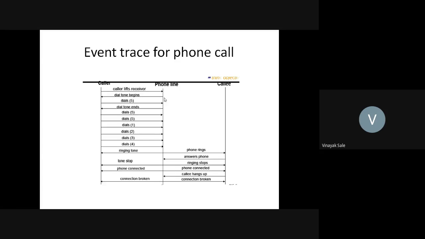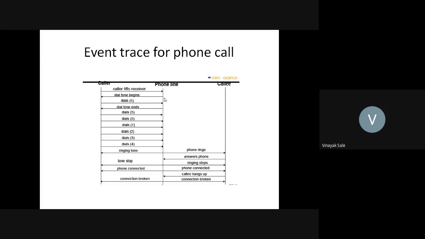After dialing ends, a ringing tone occurs on both sides, from phone line to caller as well as phone line to callee. So phone line to caller is the ringing tone, and phone line to callee is the phone ring.